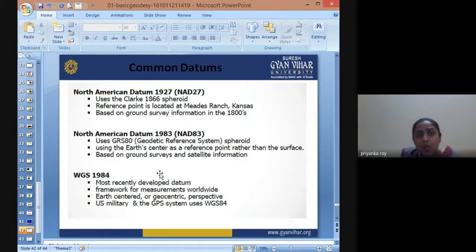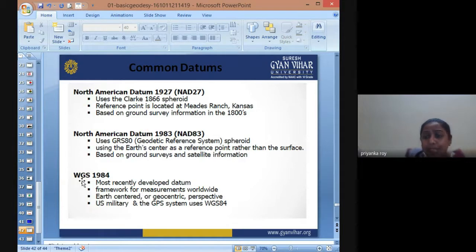Whereas in NAD 27, Kansas was the reference point, whereas in NAD 83, the Earth's center, the core, is the reference point rather than the surface. Okay, so it was developed based on ground survey and satellite information.